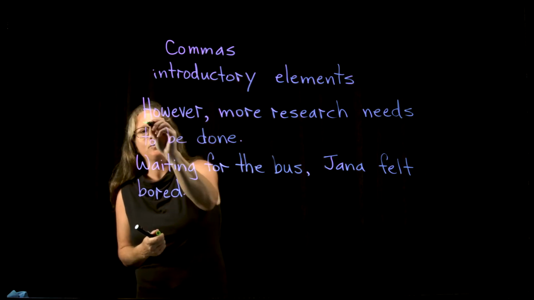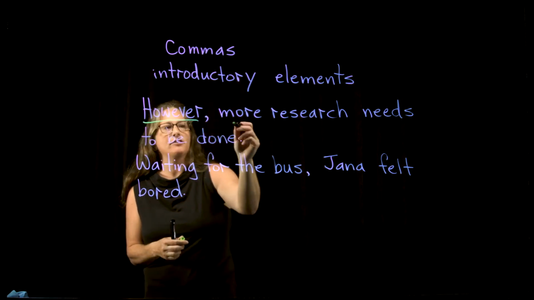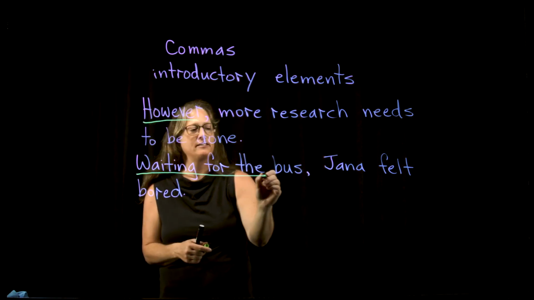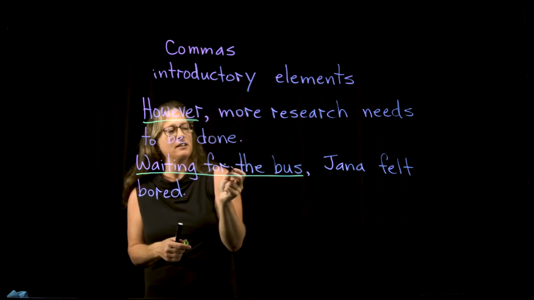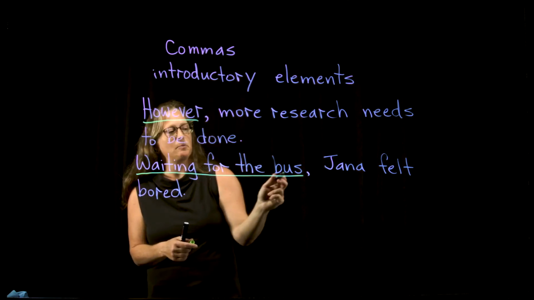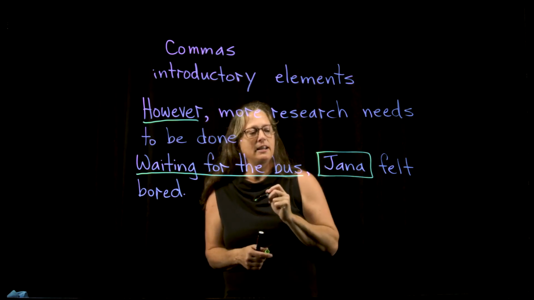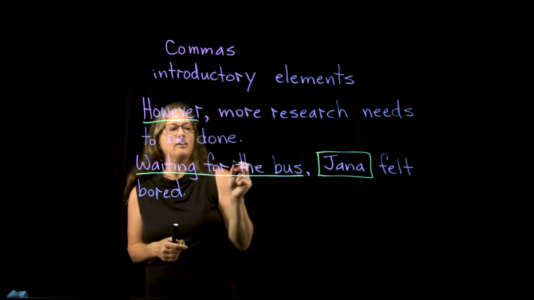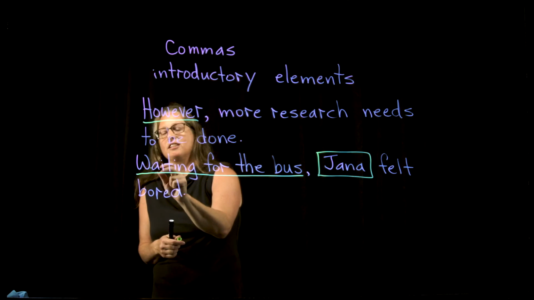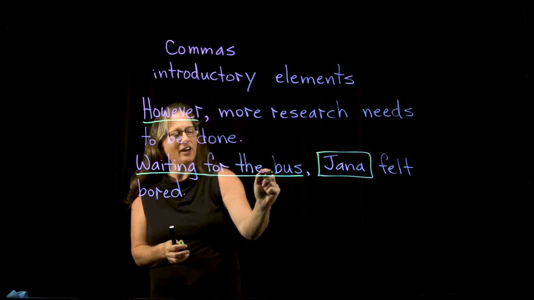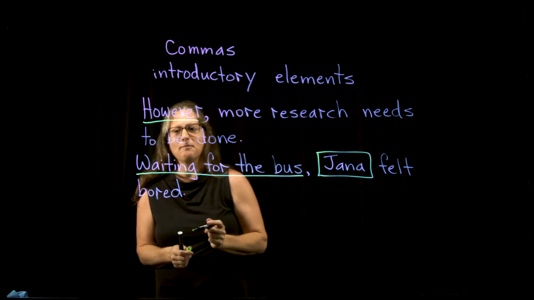Here you just have a word, comma, and then your subject, more research. Here you have a whole phrase, which is an introductory element, because it comes before your main subject. So by putting a comma there, you allow the reader to understand that you're giving them a little aside at the beginning, but that they should hold on because the main subject is coming soon.